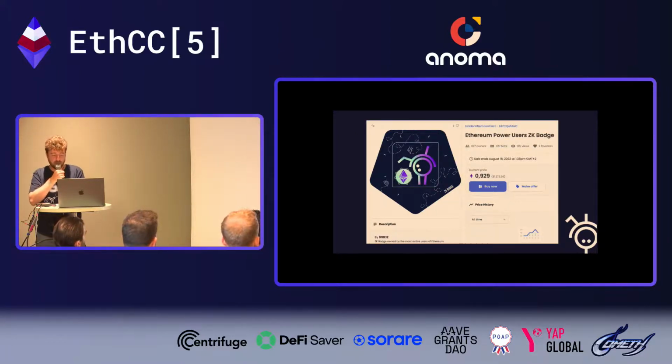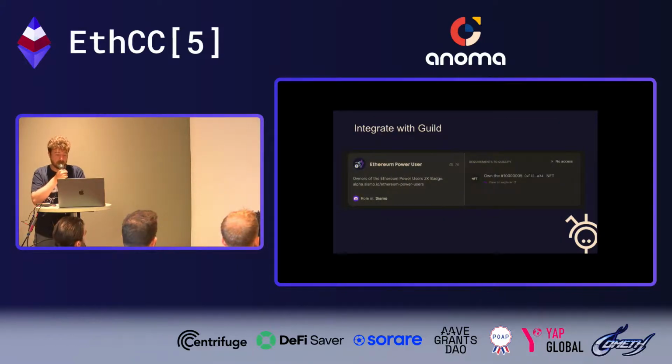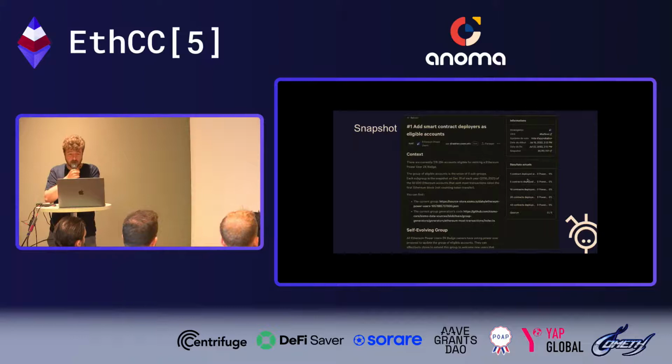So OpenSea here. You have also Guild. It's very easy to add a new gated channel just by looking at the token ID of the badge and the address of the contract. For Snapshot, it's exactly the same. You have some strategies, and you can ask for your users to be eligible to have the attestations.